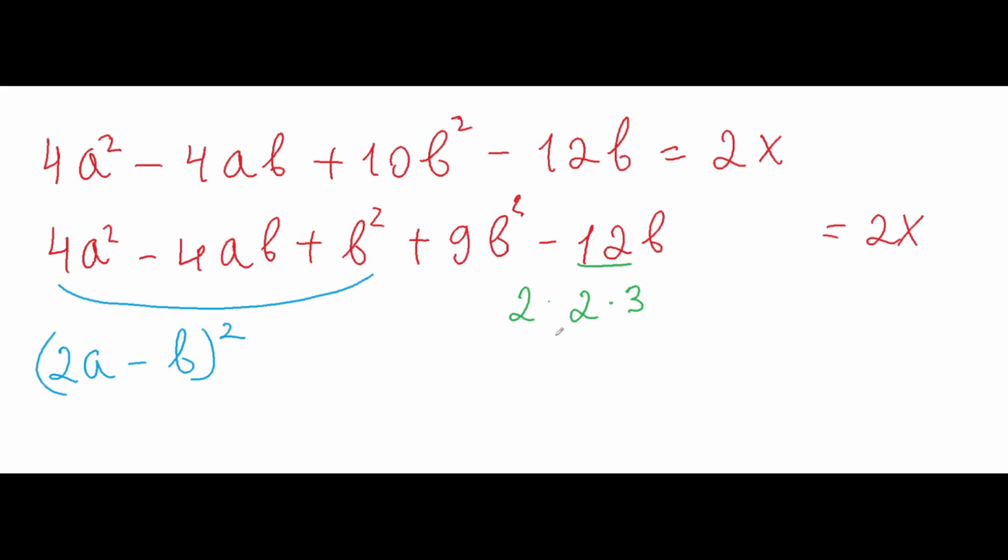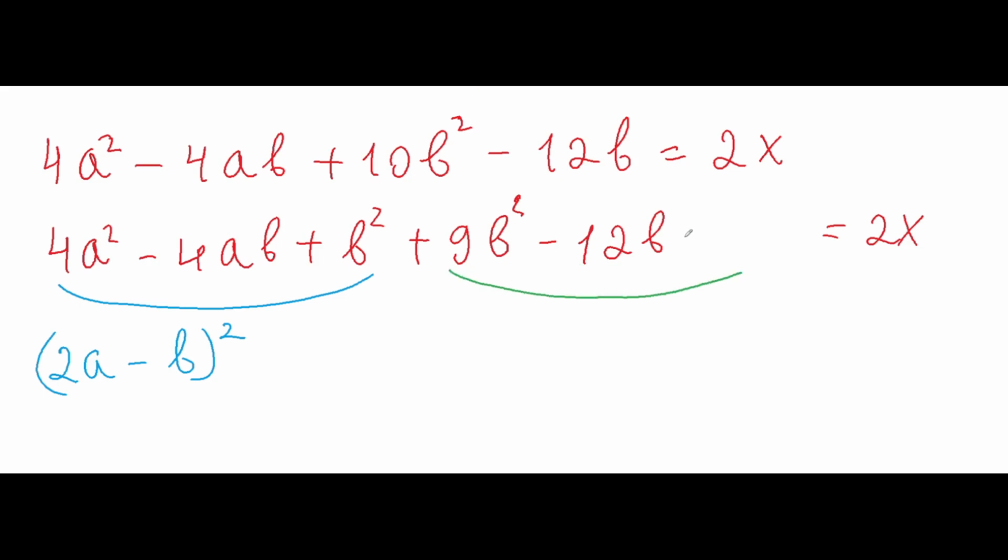And here, from the formula, we know that (a minus b) squared is equal to a squared minus 2ab plus b squared. Here we have 2 times a and b. Here a is 3, because 3 squared will give us 9. So it will be the expression that I wrote.